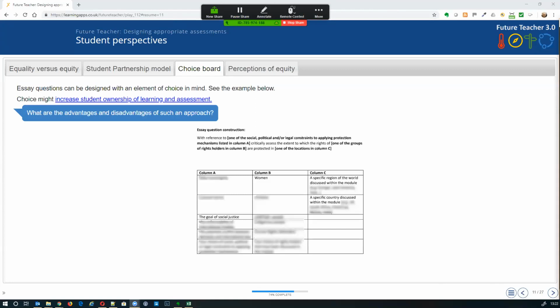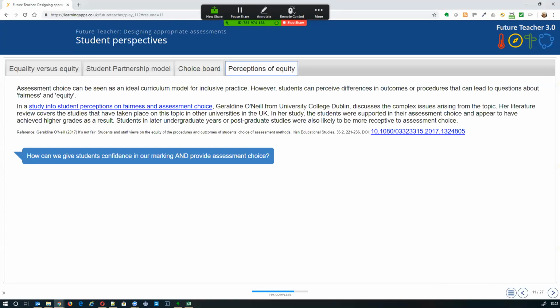cost-benefit analysis. And in terms of perceptions of equity, again, a very nice study where students' perceptions were evaluated and researched. And Lisa says it looks like her daughter's homework grid. Yes, I think we lose that freedom as we get up to university or further education.